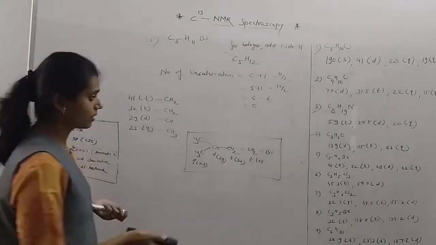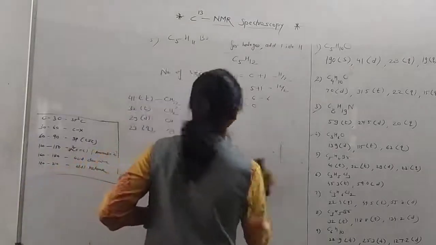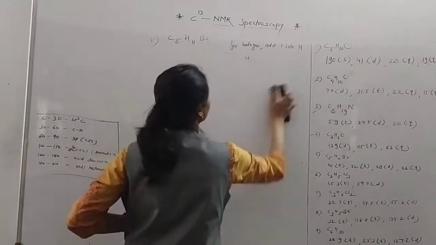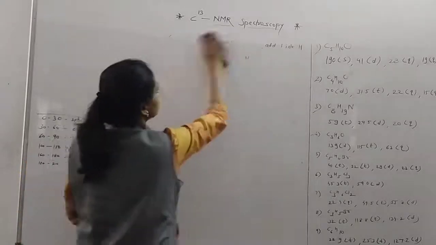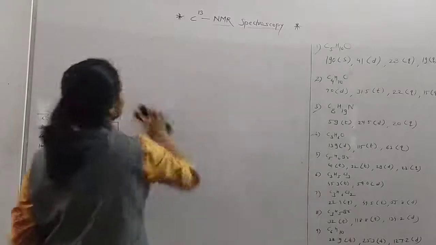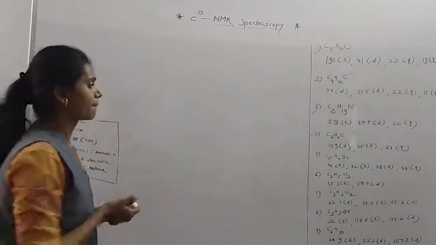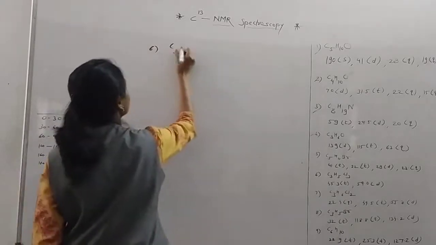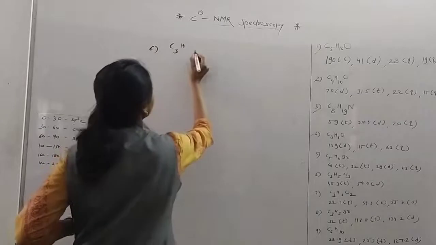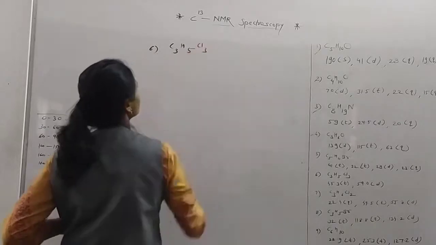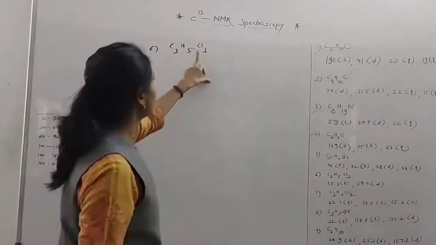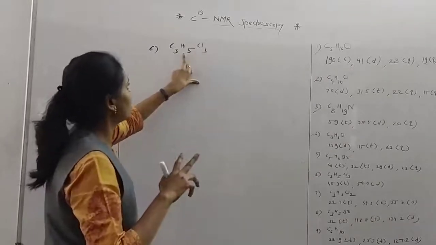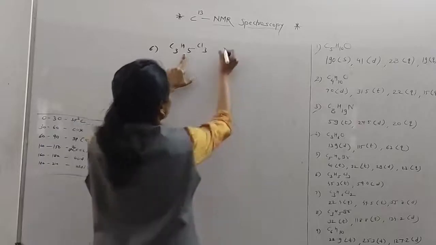Now we solve the next problem. Sixth one, C3H5Cl3. There is halogen, 3 halogens. So we add 3 hydrogens into this hydrogen. So what is the formula?